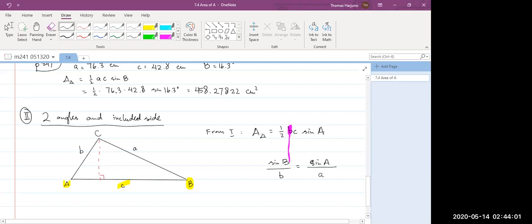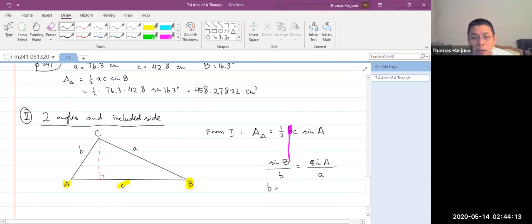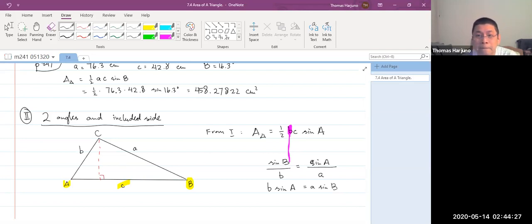It will, because then we can cross multiply and leave the B by itself, and then plug that back into what we don't know for B. So B sine A equals A sine B. That's not really what I want though, because I don't know A. A is not what I know.